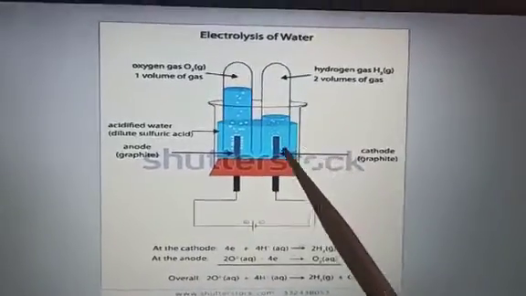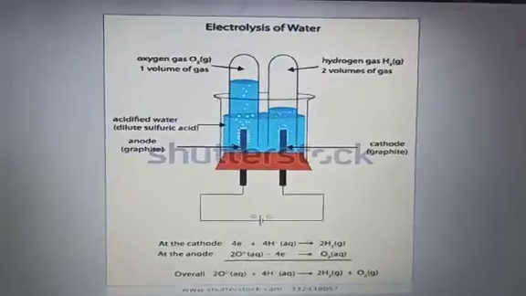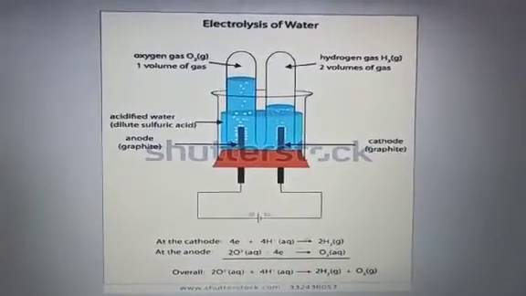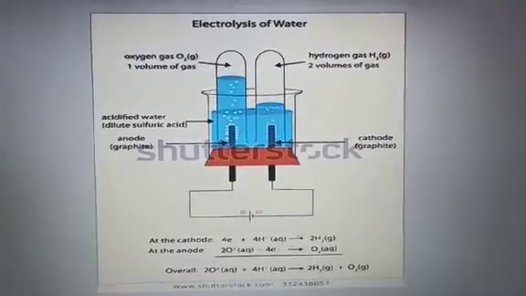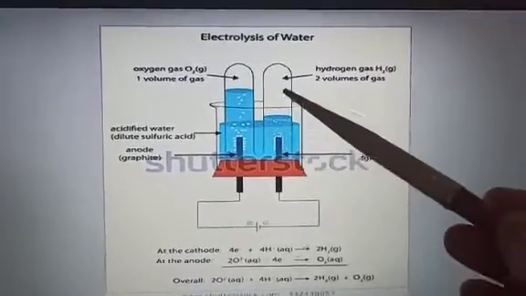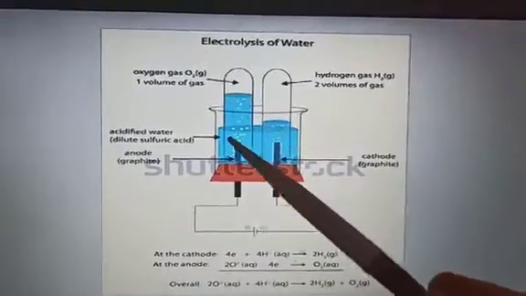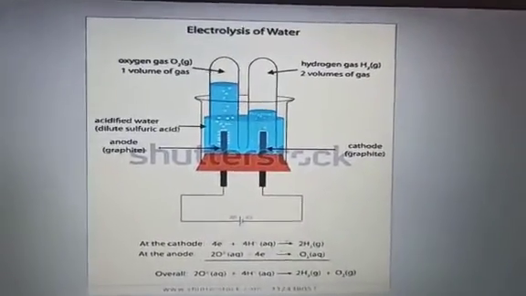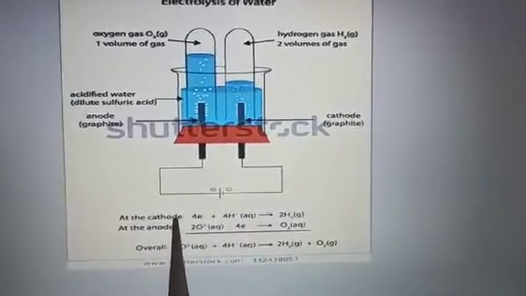And when hydrogen is collected here, you know that hydrogen is known as an ion when it has lost its electron. So here it will take electrons to become hydrogen gas. In the same way, oxygen ions will lose electrons to become oxygen gas. You can understand the activity at the cathode.